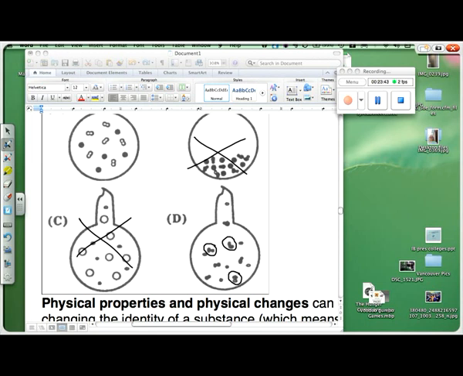So the one that's obvious to me is A. I've got helium atoms and hydrogen molecules. So A is our choice because hydrogen is one of our elements that comes two at a time. So this would be hydrogen and this would be helium. So this is a homogeneous mixture of two elements.